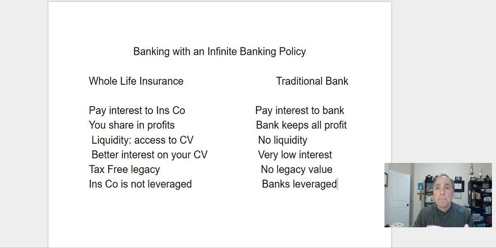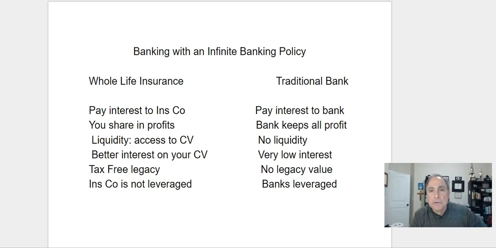Paying it back. If someone who's 25 years old starts this, by the time they get to 65, they've purchased and financed a whole lifetime of things. 40 years of things they have done, and at the end of it, they've got all of this money sitting in their life insurance policy, and now when they get ready to retire, it's going to pay them a nice tax-free income for life.